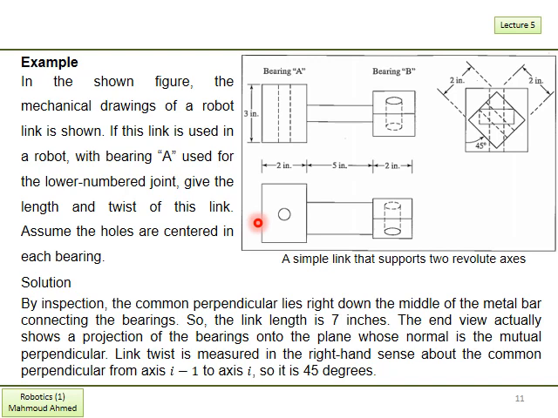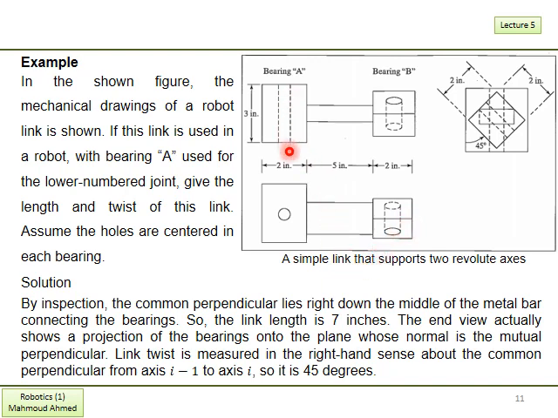The description is to simply get the length between the two joints and to find the twist of this link according to the geometry of the shape.